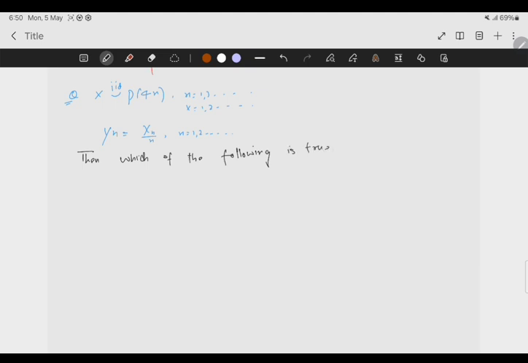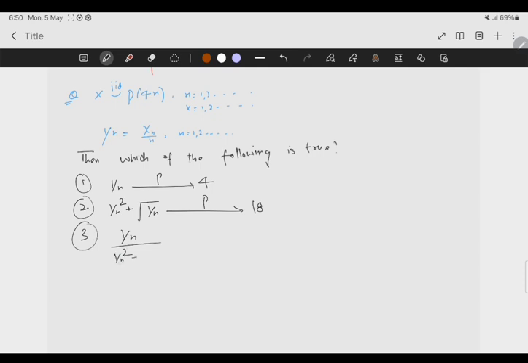Number 1, Yn will converge in probability to 4. Number 2, Yn square plus under root Yn will converge to 18 in probability. Number 3, Yn divided by Yn square plus under root Yn will converge in probability to 18. Number 4, none.